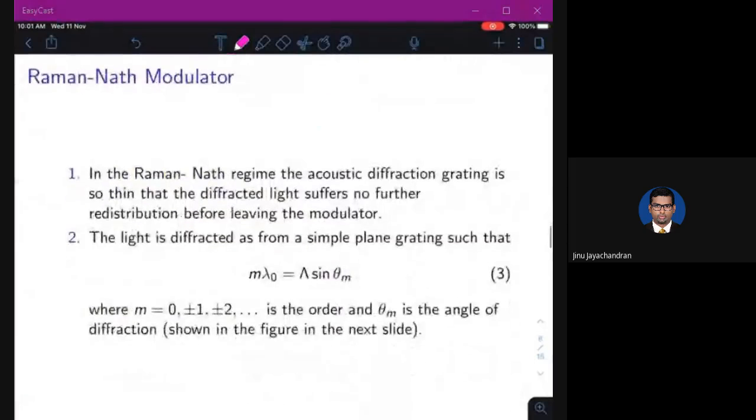So if you come to the Raman-Nath modulator, the main property of the Raman-Nath modulator, or the regime, is that the acoustic diffraction grating is so thin that the diffracted light suffers no further redistribution before leaving the modulator. So the Raman-Nath modulator has a very thin grating.